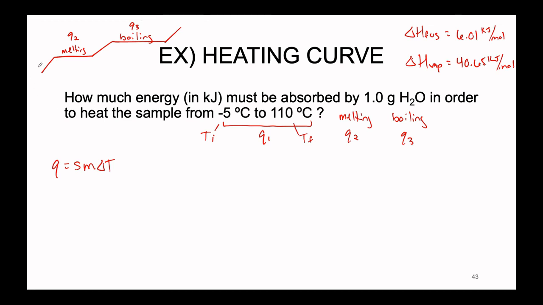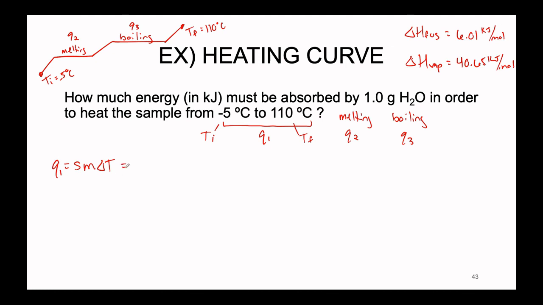So all we need to do is, because the slopes of these lines are the same, tack together our initial condition, our Ti equal to negative 5 degrees Celsius, and our final Tf of 110 degrees Celsius, and say that the temperature change in between was a linear exchange, and therefore we only need one Q1 calculation.